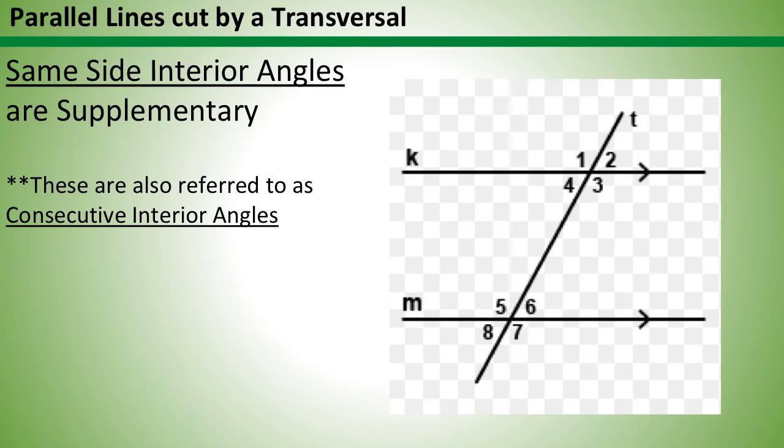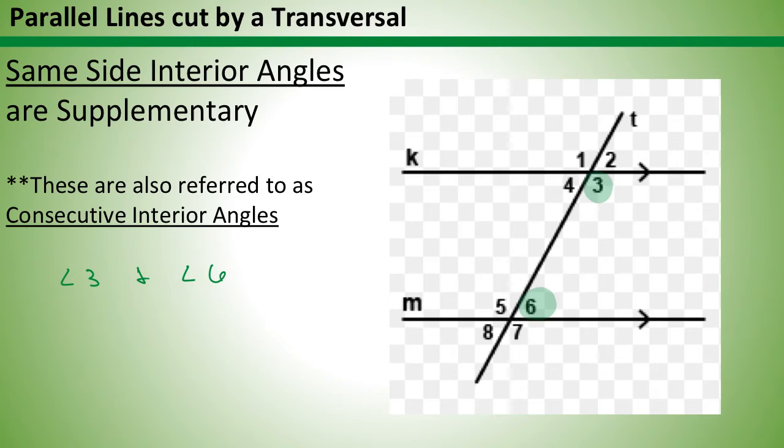Another relationship we're going to have is same side interior angles. Same side interior means they're on the same side of the transversal. So 3 and 6 are on the same side of the transversal, and they are inside of the parallel lines.